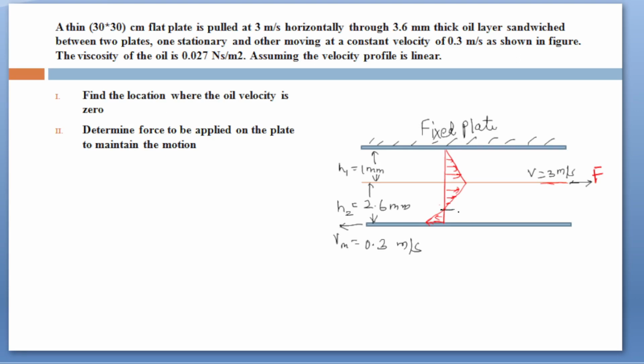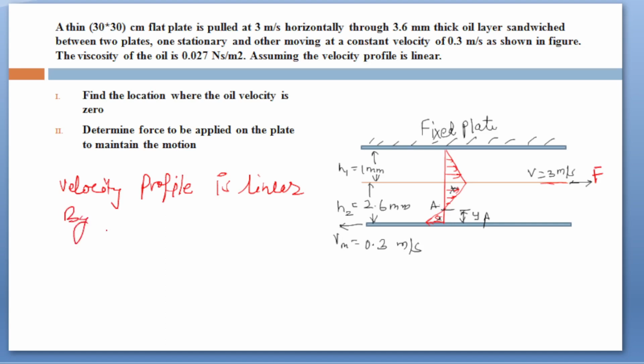This is the point A where the velocity will be 0. Now these are two similar triangles, this one and this one. The velocity profile is linear as given in the question.